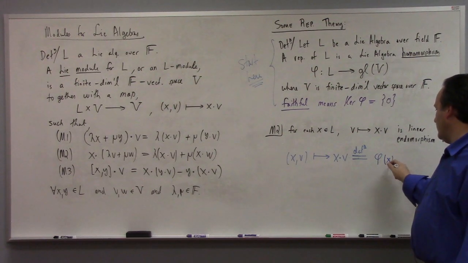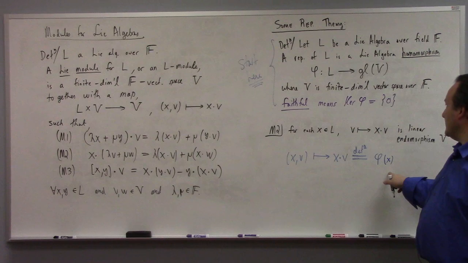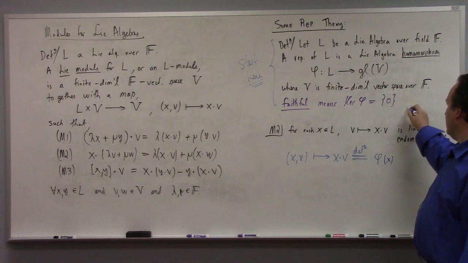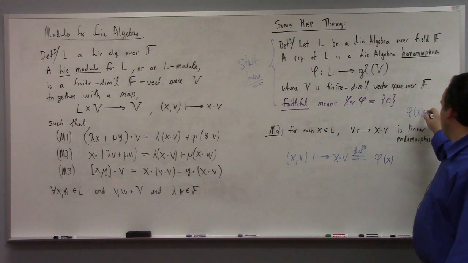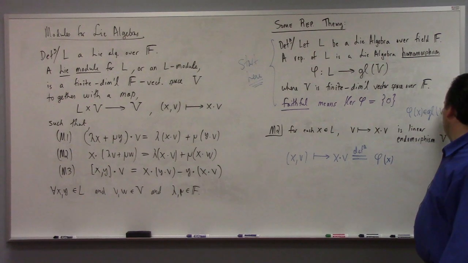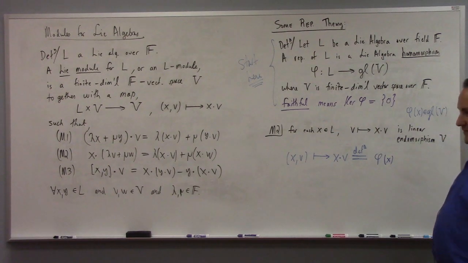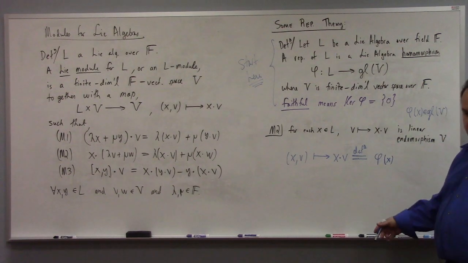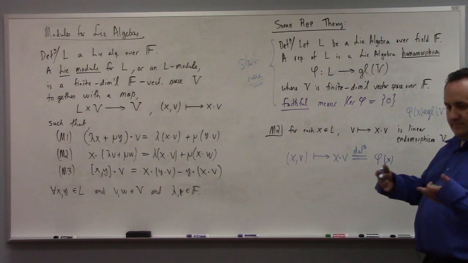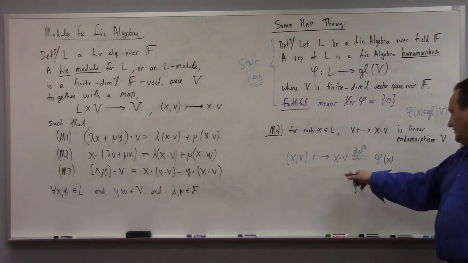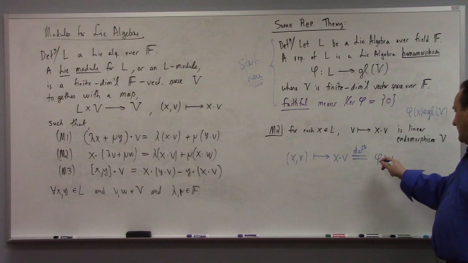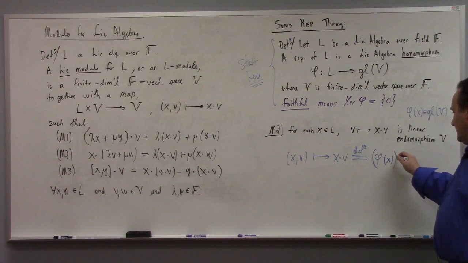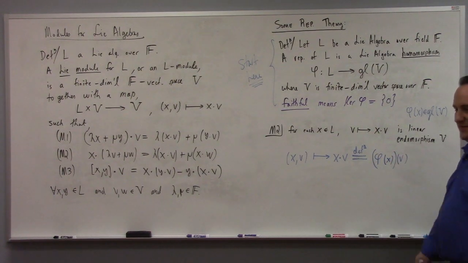Now phi of x is what? Phi of x is an element of GL(V). So what do you do with that? Well, the only thing you can do, you let it act on V. That's the only thing I've got to work with here. If you like parentheses like I do, act on v. They probably don't write the parentheses.